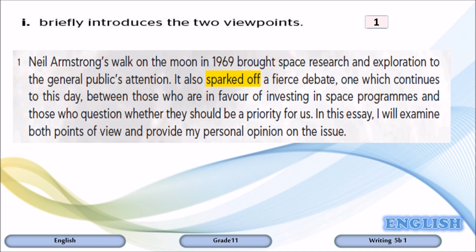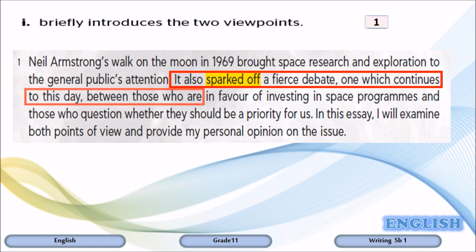In the first paragraph. Let's read from here. It also sparked off a fierce debate which continues to this day. This debate is between whom and whom? Excellent, between those who are in favor of, and here we have the phrase in favor of, which means they are with the idea of investing in space programs, and those who question, they are against space programs.